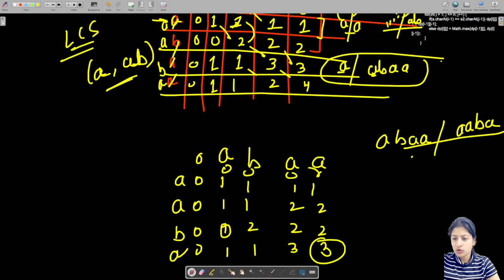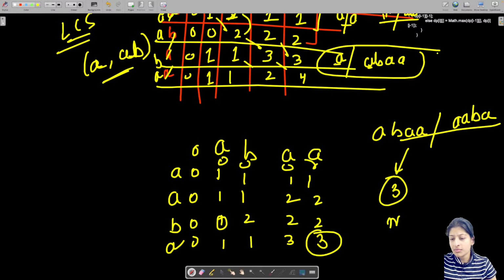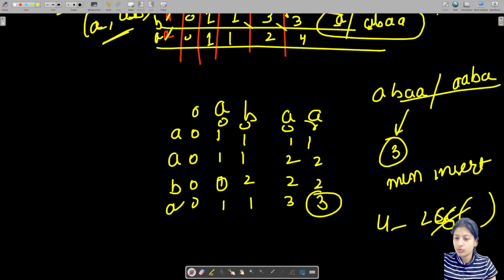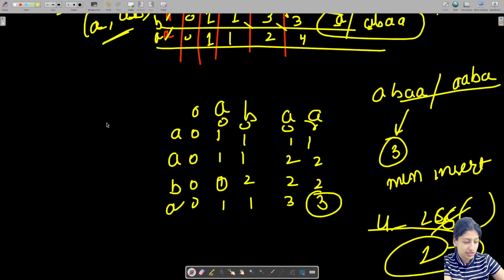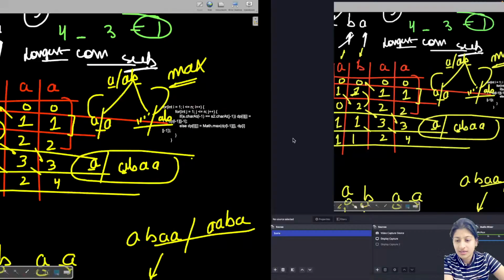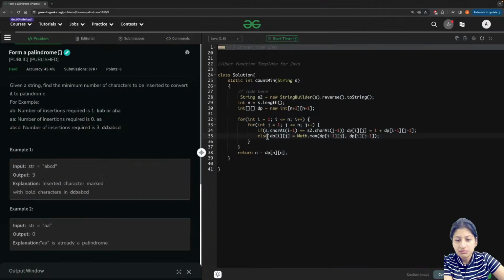So once you got this answer as 3, you know the minimum insertions would be the length of your string, 4, minus the LCS you calculated, which came out to be 3. So finally your answer will be 1. The time complexity, again, is n square, where n is the length of your string, and that's all about this question.